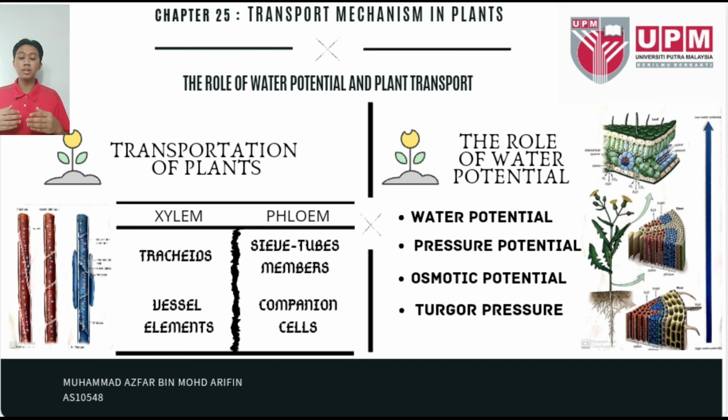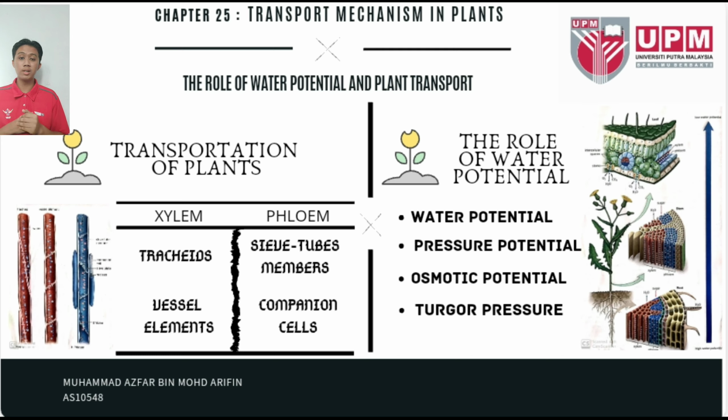Xylem contains two types of conducting tissue, which are tracheids and vessel elements. Let me explain these one by one.